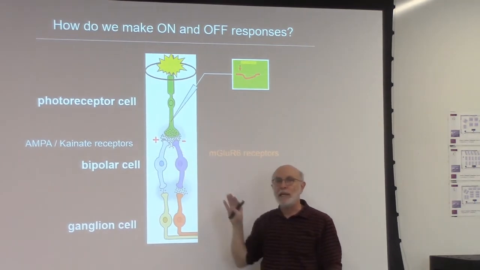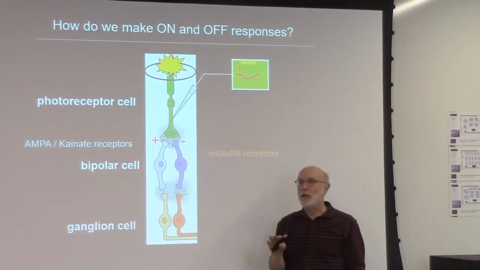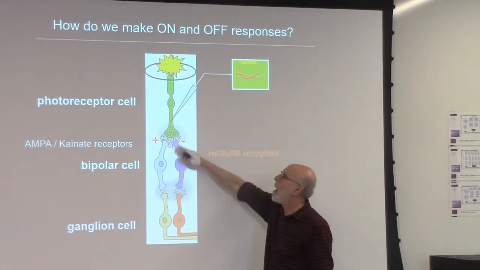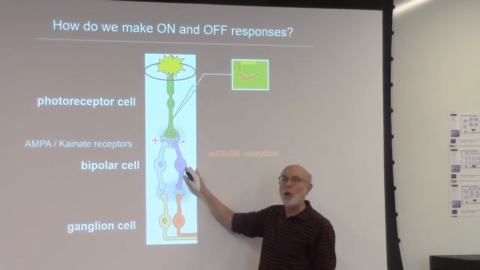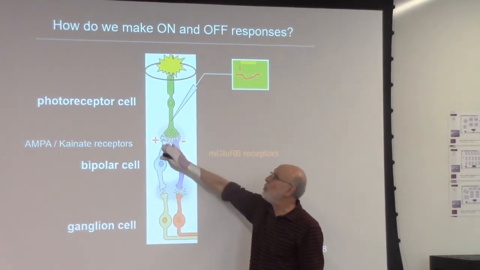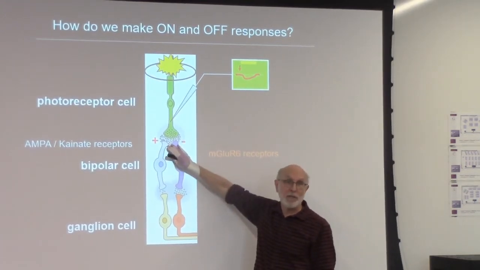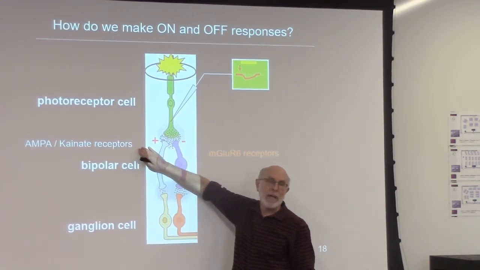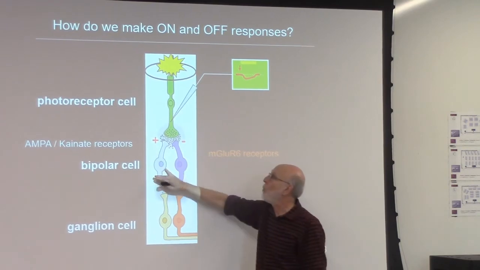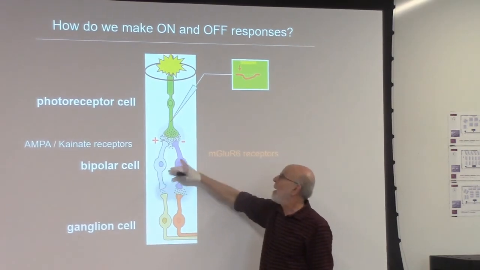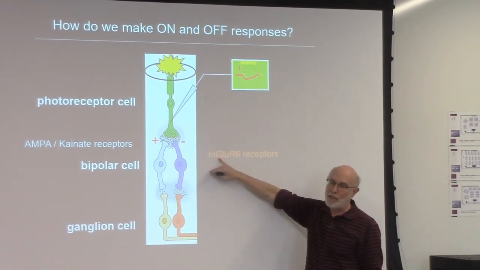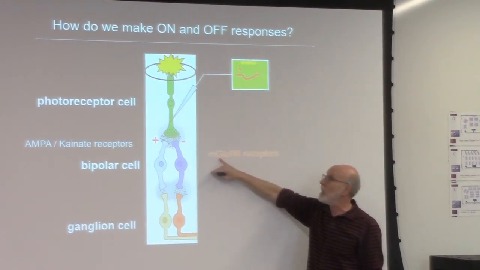Okay, now here is the key to understand right now. On the two different types of bipolar cell are two different types of glutamate receptors. There are AMPA receptors on one type and metabotropic, not muscarinic, metabotropic glutamate receptors on the other type.